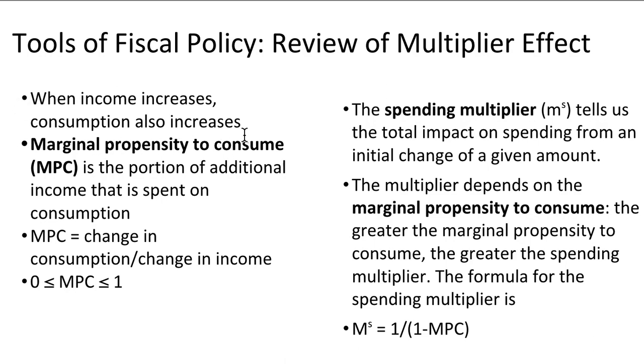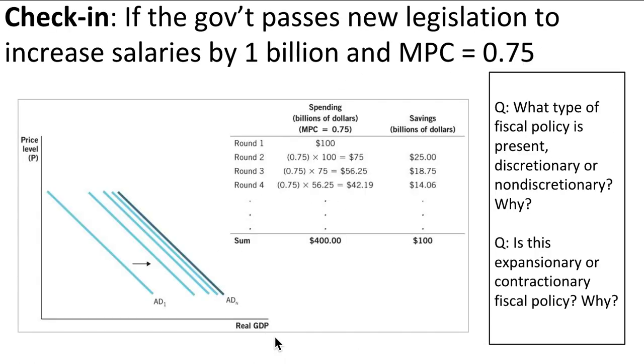As economists we can measure how much of an increase in spending there is potentially going to be by looking at the nation's marginal propensity to consume, the portion of income that's going to be spent. That will decide how much of the total impact on spending we will see from an initial change of a given amount. From the government increasing their spending by 100 billion, how much of that 100 billion will then be spent by each individual, and how will that show us a larger total change in spending? So let's review over here.